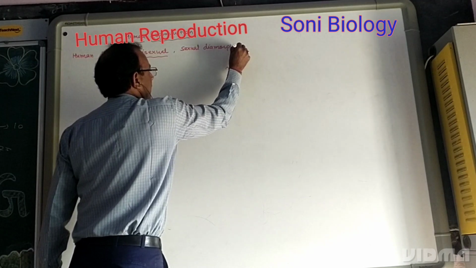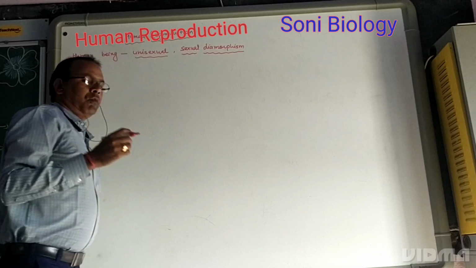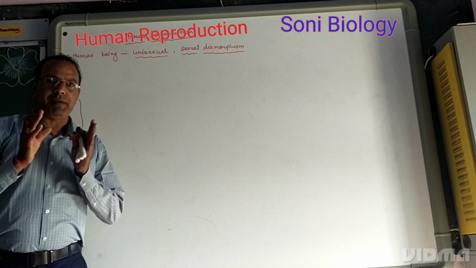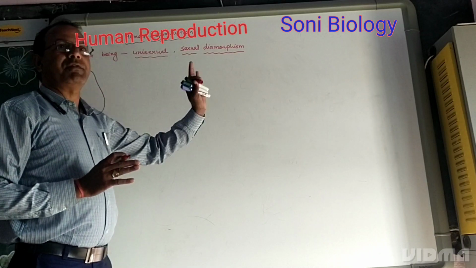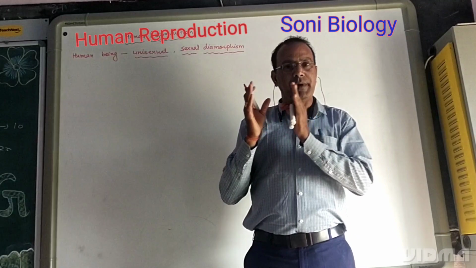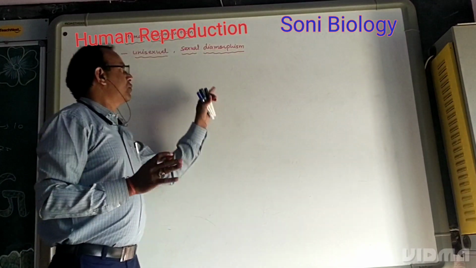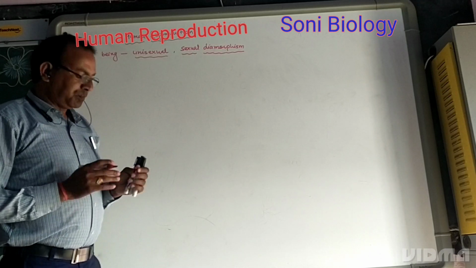What is sexual dimorphism? It means when we study the external body features of male and female, we can distinguish between them. The exterior body features in male and female are different. So we can say that human being shows sexual dimorphism.